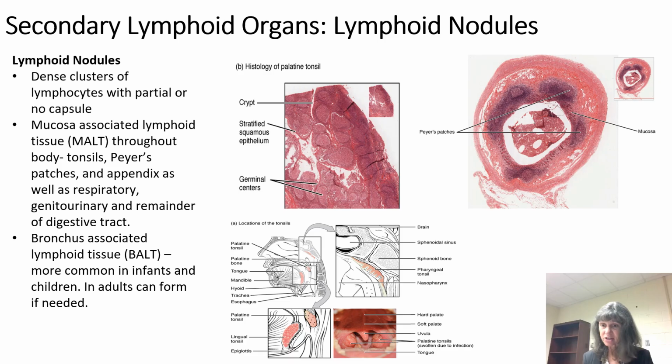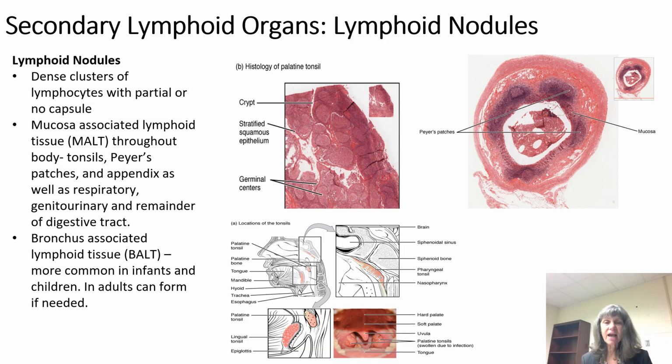So if there's an infection or something that the body needs to fight in the bronchi, then there can be a buildup of bronchus-associated lymphoid tissue in those areas of the respiratory system. And this may or may not hold true with the text that you have, but this is the more recent of what most practitioners are finding.